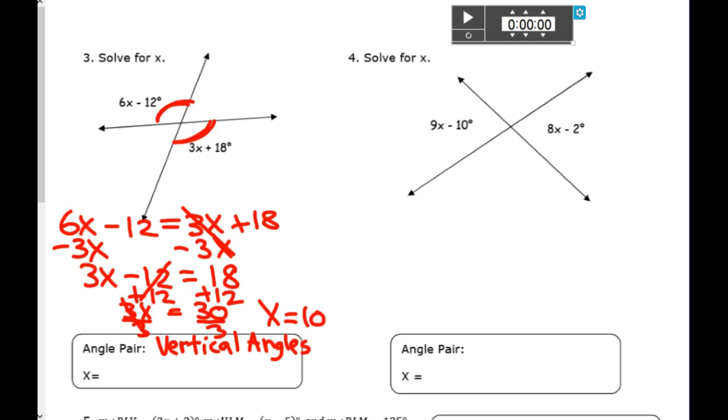And then x equals, we just put 10. That's it. So everyone knows angles across at an intersection are equal. Okay? So I want you to try number 4. It's basically the same type of problem. So let's see you do it.